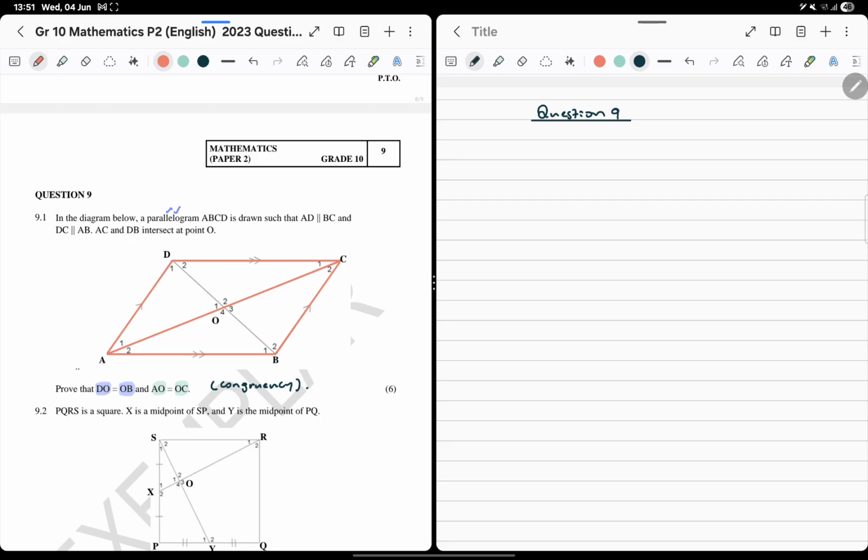Right? If we look at those triangles, what is common is AC, right? And what else? We also know that this angle is equal to that angle. These are alternate angles.